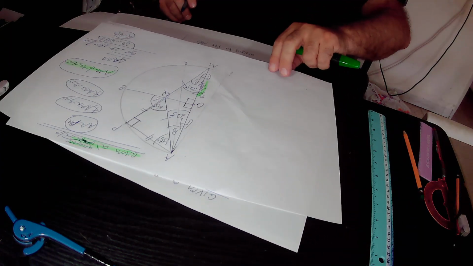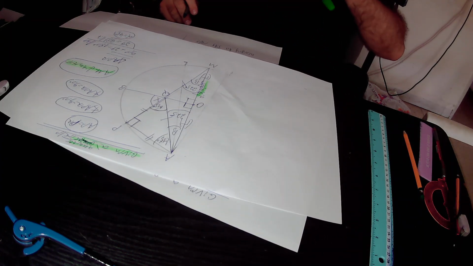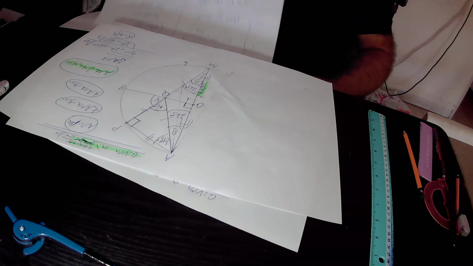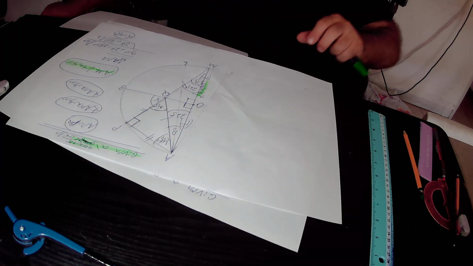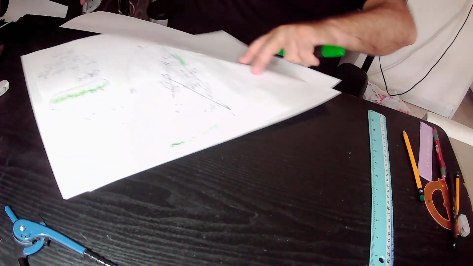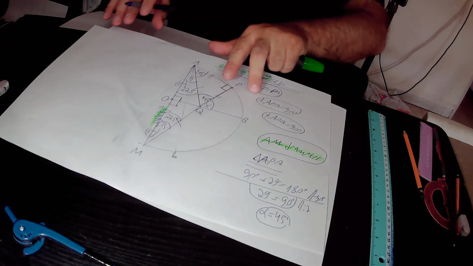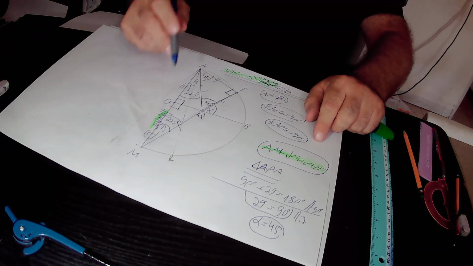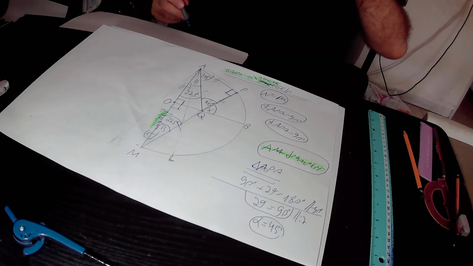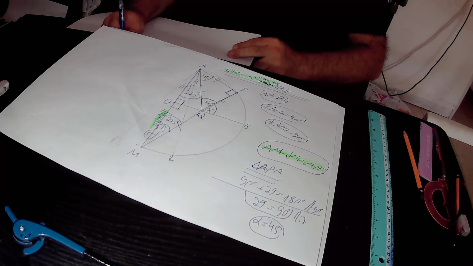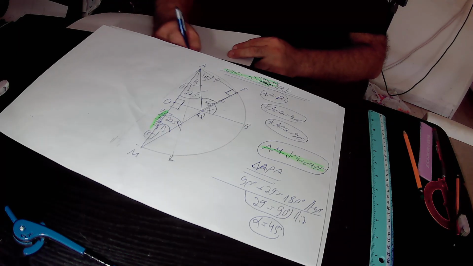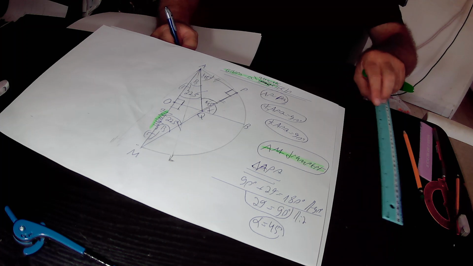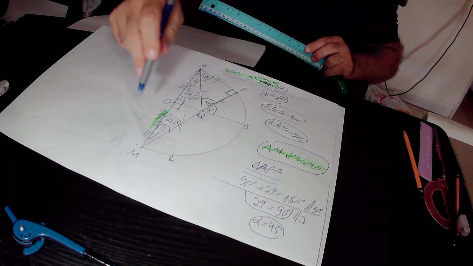We also know that the sum of the angles in any triangle is equal to 180 degrees. So the sum of the angles in this right triangle OQM must be equal to 180 degrees. So which angles do we have in the right triangle OQM?